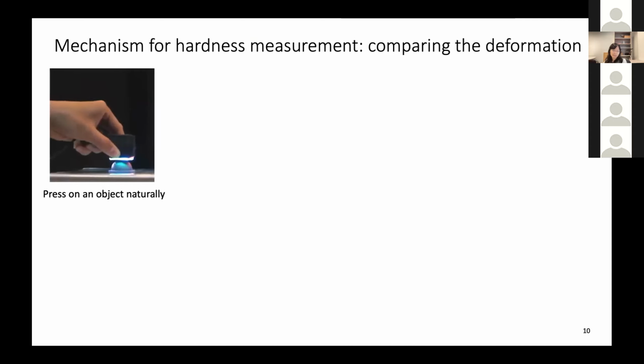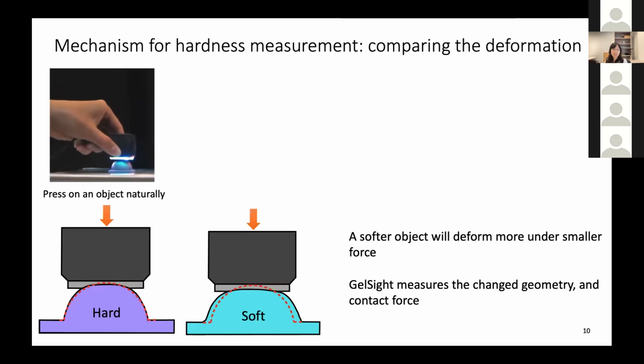Since the GelSight captures the geometry with pretty high resolution, we can see the geometry of the object surface based on the deformations of the gel pad. But on the other hand, if the object itself is also deformable, it may deform during this pressing process.